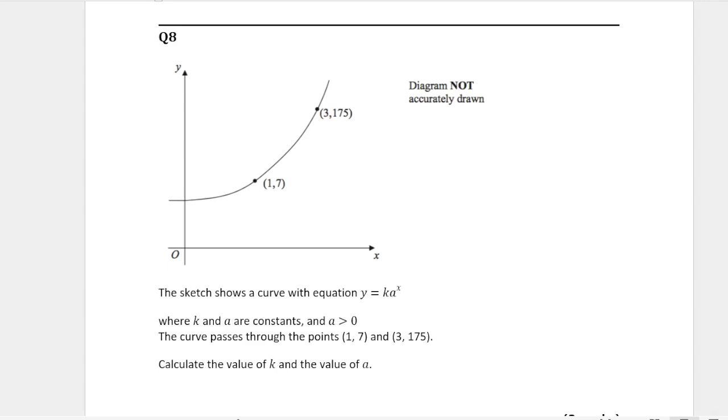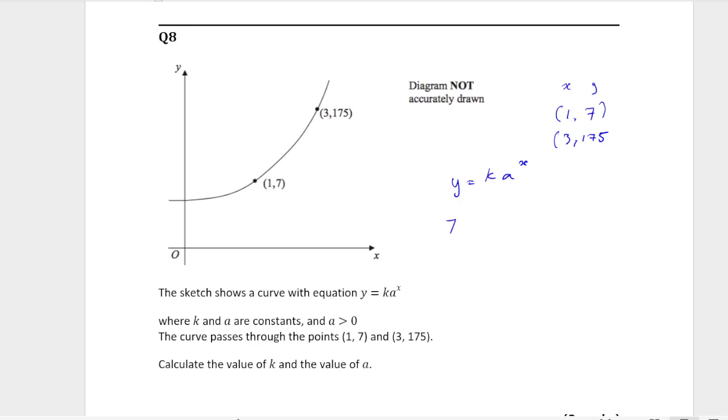Okay, I'm using the equation y equals k a to the power x, and I'm going to use the 2 coordinates that I've got. So I've got the coordinate (1, 7), and I've got the coordinate (3, 175). So that's my x value, that's my y value, and I'm going to create 2 simultaneous equations.